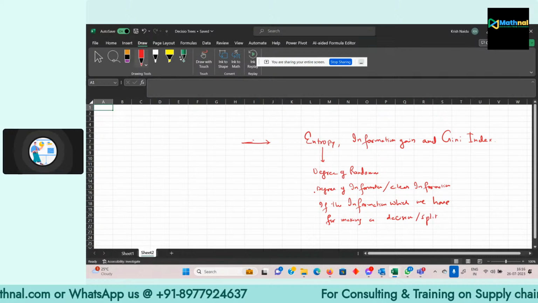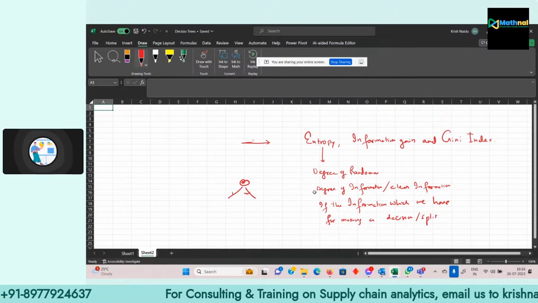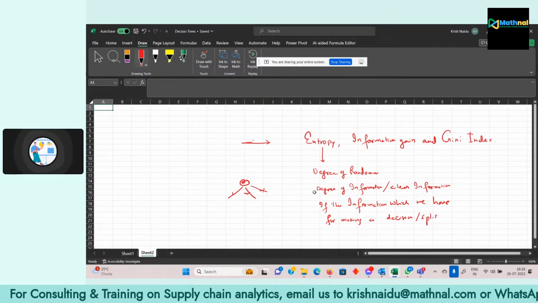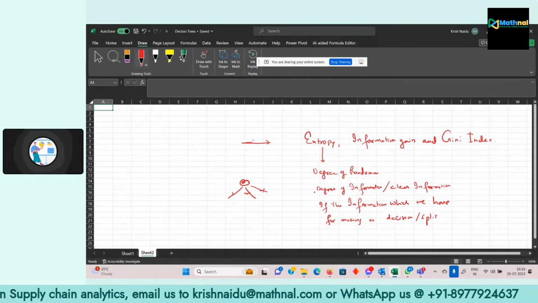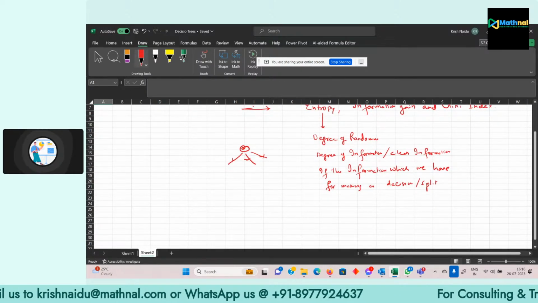Suppose we are making a decision tree, so we have to make a node and we have to split this node into two parts or three parts, right? If this information is very clear, then we can split. So if the information is very clear, then we say the entropy is less.